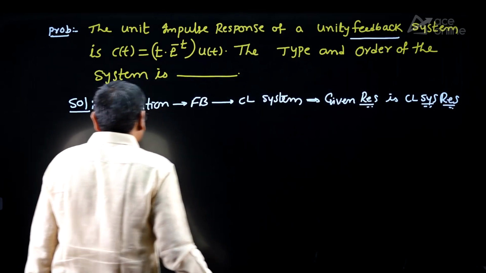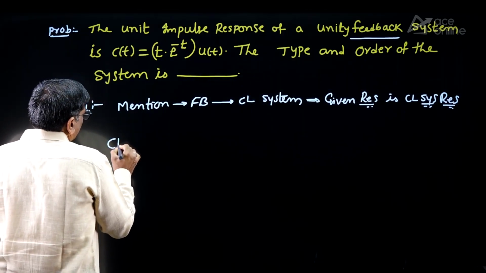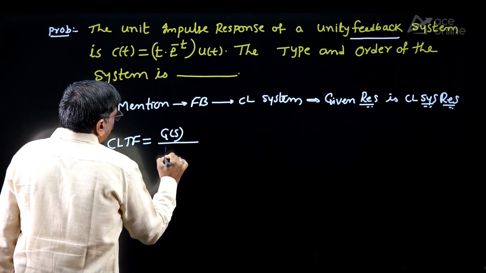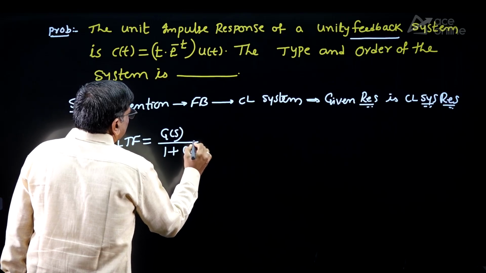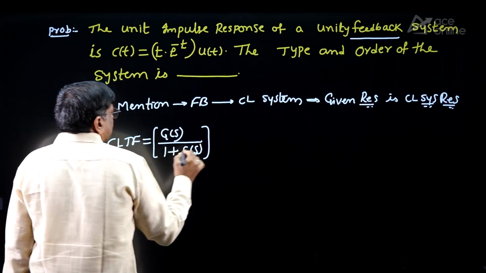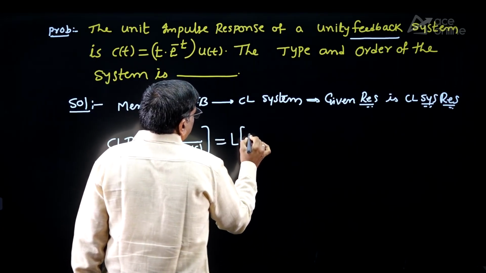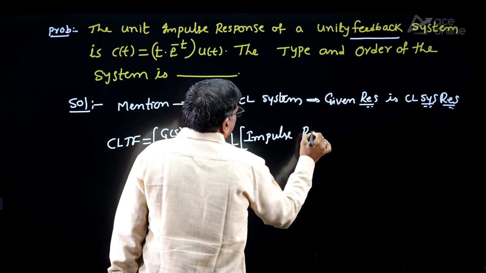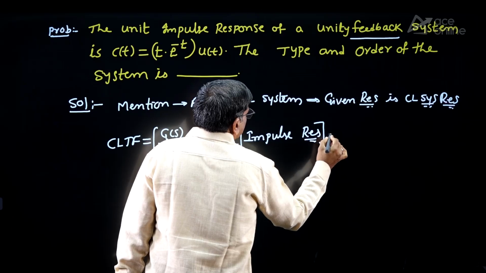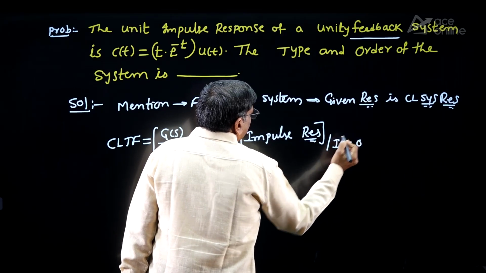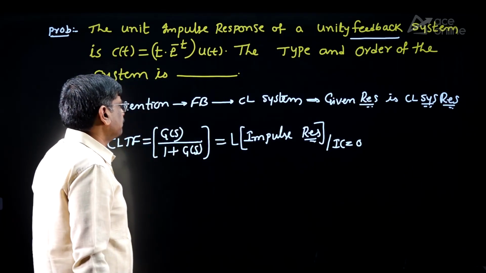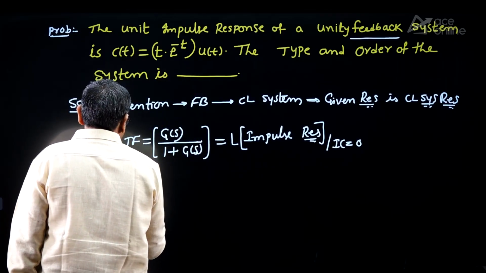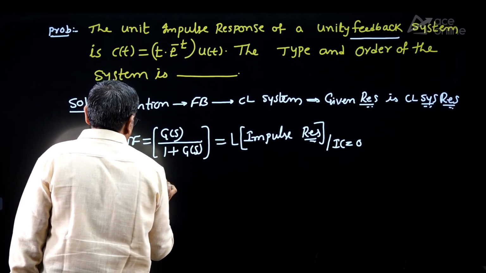Now find the transfer function. Find the closed loop transfer function, that is G of S by 1 plus G of S. What is the transfer function definition? Simply Laplace of impulse response. Because if given step response, we'd use Laplace of output by Laplace of input with initial conditions 0. Apply Laplace transform here, it directly gives the closed loop transfer function.